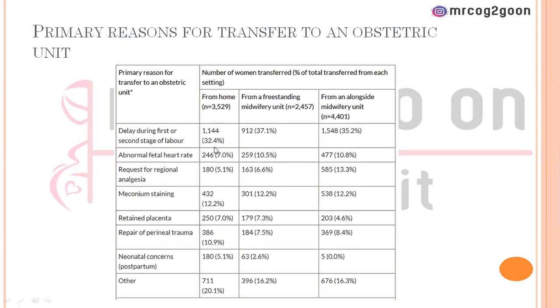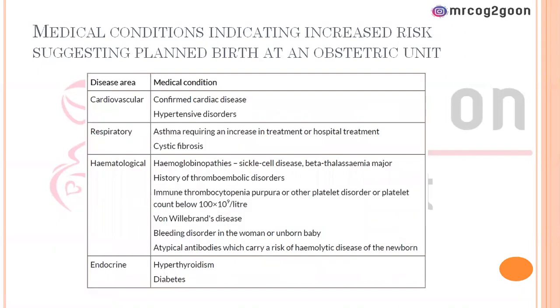Okay, so you have to know that the first cause is delay in first or second stage, and the second is meconium. You have to know this. The others, you can just read them, but to know for sure, you have to know the reasons.